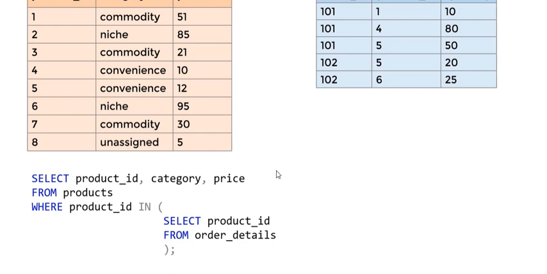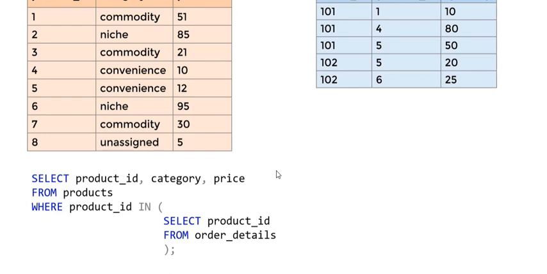Here I want product ID, category, price from products where product ID is in. So I have product IDs in the products table 1, 2, 3, 4, 5, 6, 7, 8, but I want only the product IDs which are present in order details, right? In order details I have some product IDs: 1, 4, 5, 5, 6.